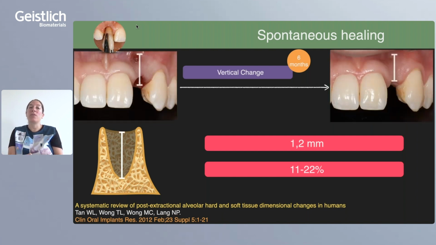Let's look at the vertical aspect, the vertical change. You see on the left again just after tooth extraction, and on your right side after the healing procedure. Here they have experienced 1.2 millimeters in vertical loss, which is between 10 and 20% of the ridge height.